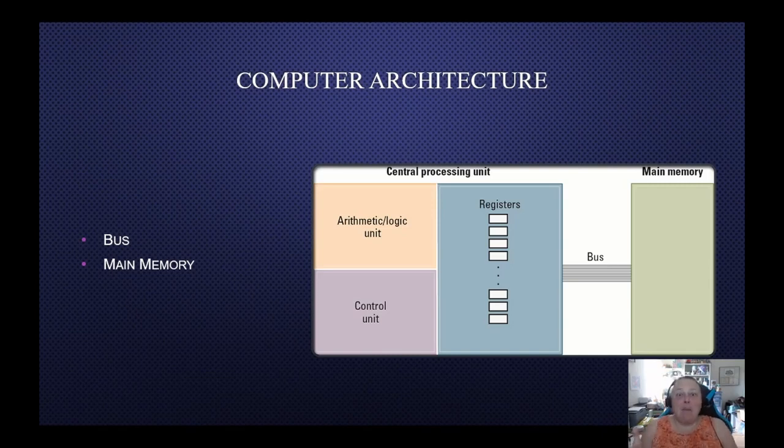So it's going to get on a bus. No, actually it does get on a bus. But a bus in computer terms is nothing more than wires or some sort of connection between two locations within the computer. So the bus is then going to take that information and deposit it into the main memory of the computer for it to be used later.